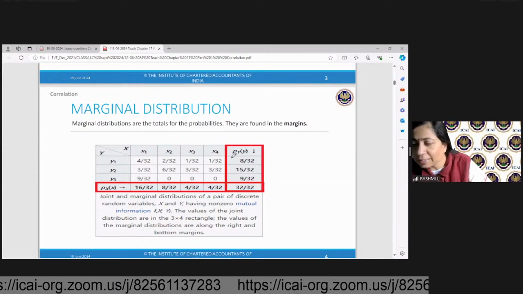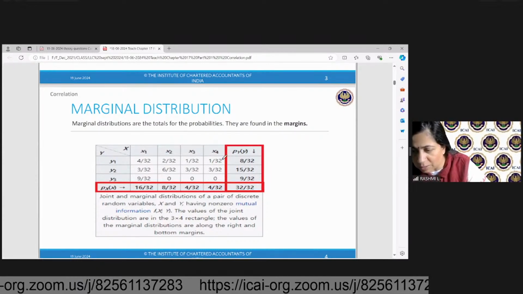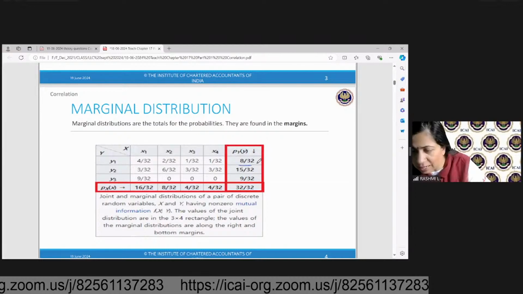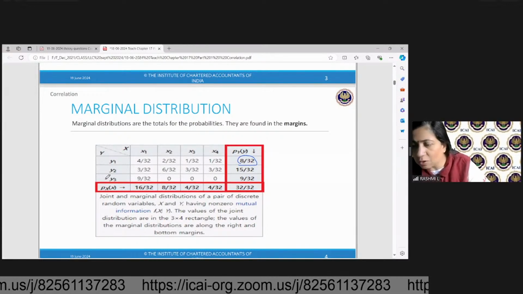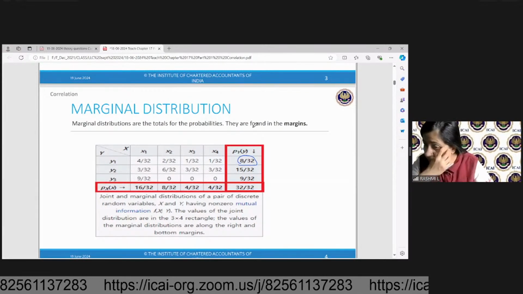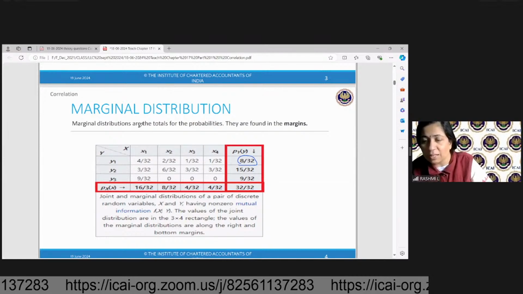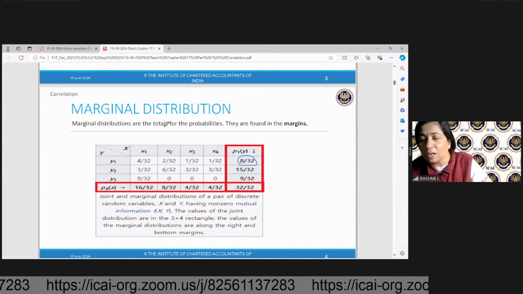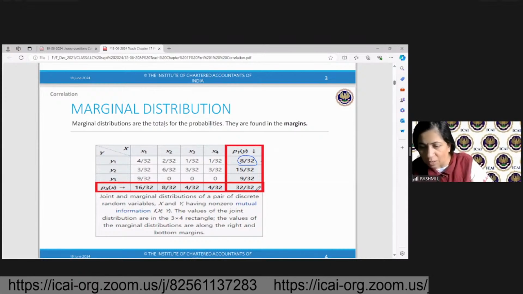probabilities. And then what happens is, like total of the columns, total of the rows, these are the probabilities that are found in the margins, and these are known as the totals of the probabilities for the particular row or for the particular column.